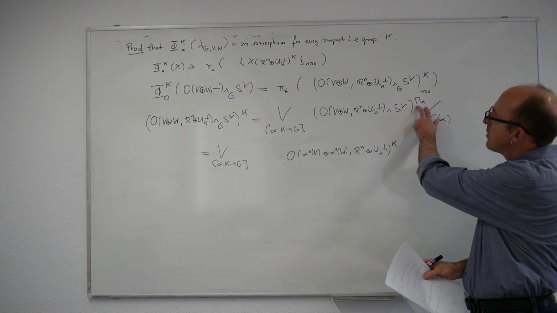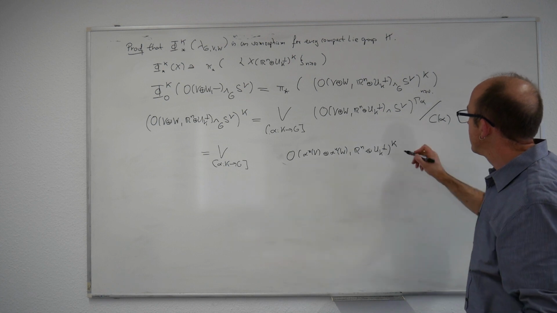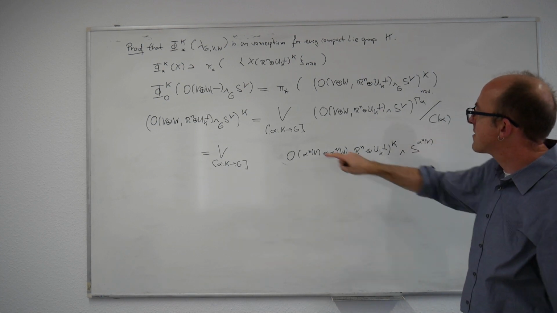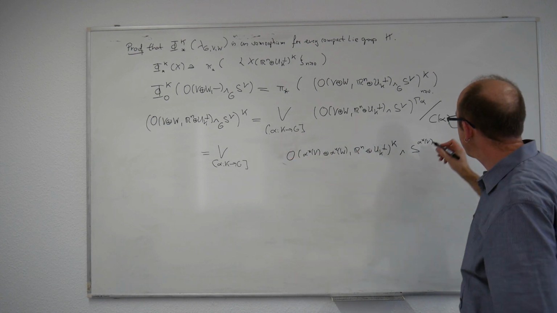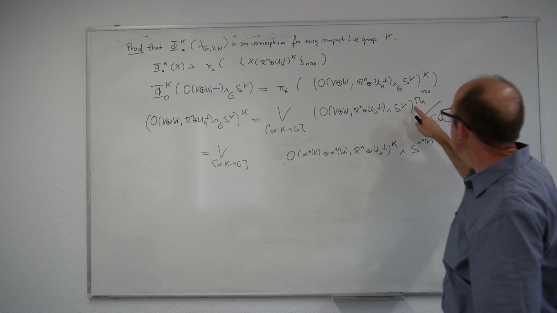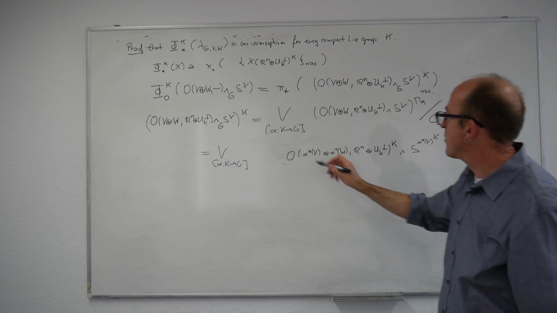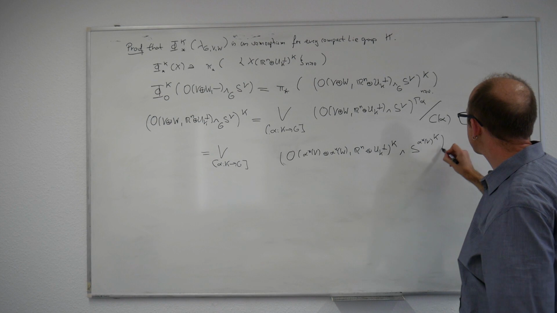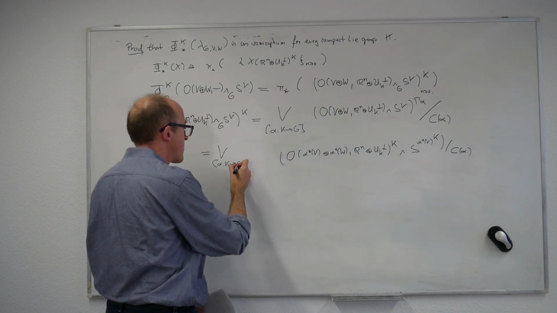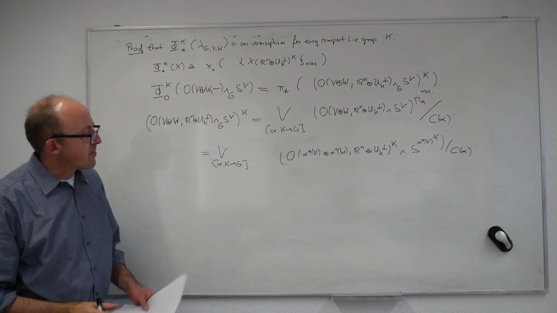This is the gamma of alpha fixed points of that part. And here we just have S of alpha upper star of V. We restrict the action from G to K along alpha, and then we take K fixed points of this. So that's what the gamma alpha fixed points of this smash product are, and then the whole thing still divided out by the centralizer of the image of alpha, which is a closed subgroup of G.